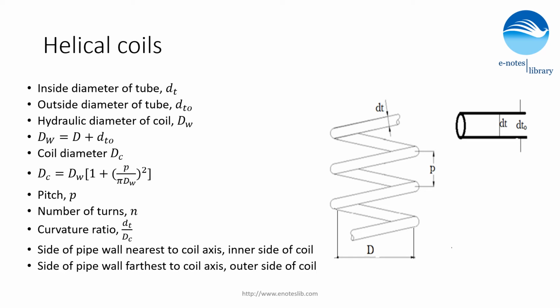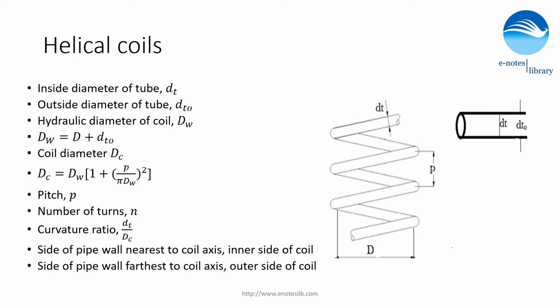Third one is low installation cost, and last is ease of maintenance. So due to compact structure and high rate of heat transfer, helical coil based heat exchangers are extensively utilized in several industries like power generation, nuclear industries, heat recovery systems, refrigeration, food industry, and so on.